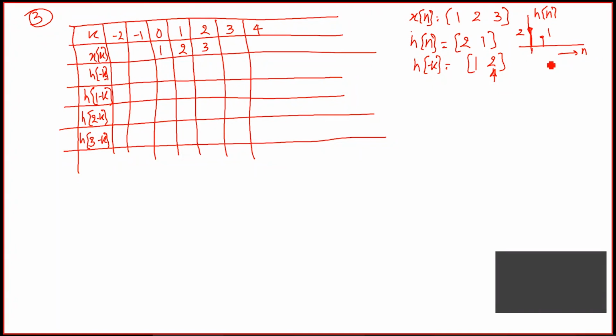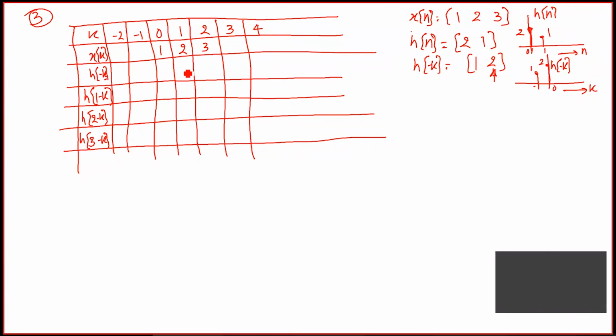And if we want to do the flipping part where we want to plot h of minus k on the k-axis, so 2 remains as it is, this becomes 1, minus 1 and 0. So this is what we have done.